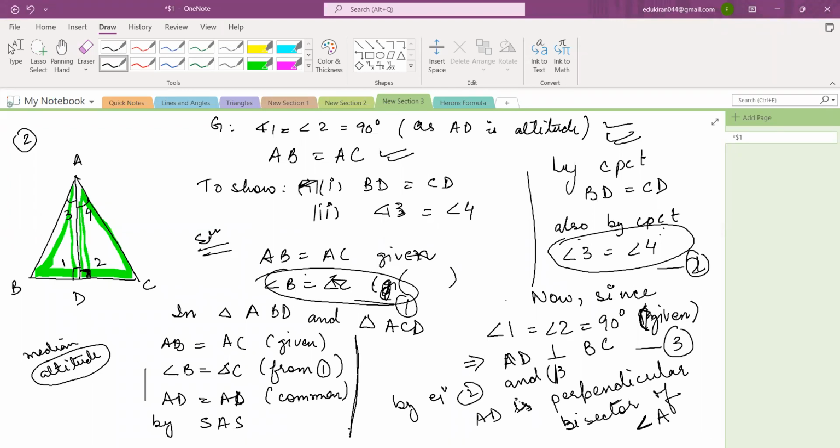That is why AD is the perpendicular bisector of angle A. I think this is the right manner to write it. Please use this. Okay, let's move to the next question, number 3.